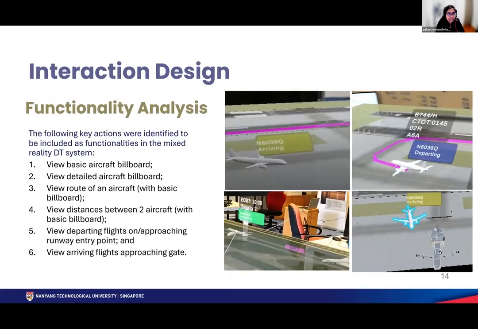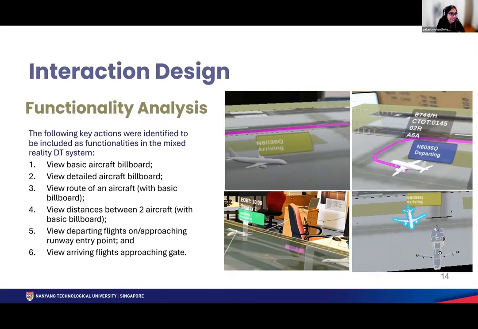Now, to design the interaction model, aircraft, runways, and gates were identified as interactive targets, and we decided to embed certain functionalities within them. So the functionalities were identified as key actions to be included that include viewing of the basic and detailed aircraft billboard like we've seen.